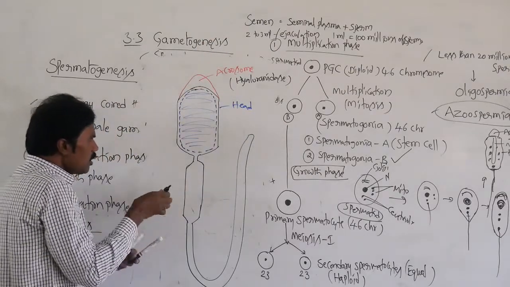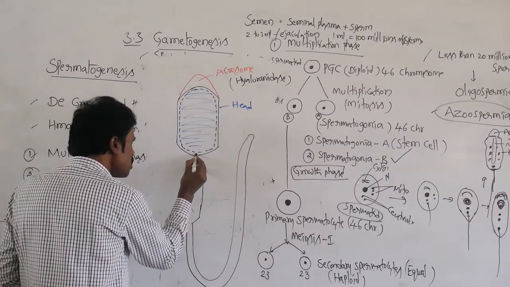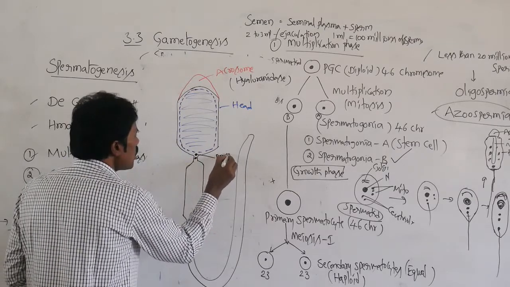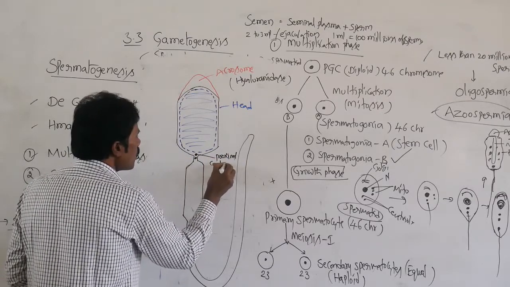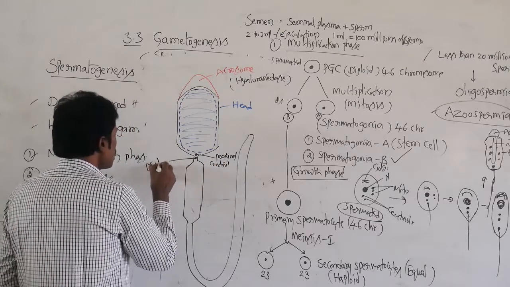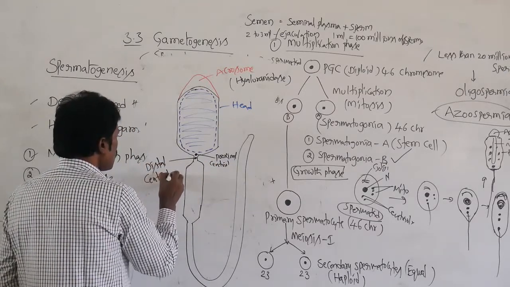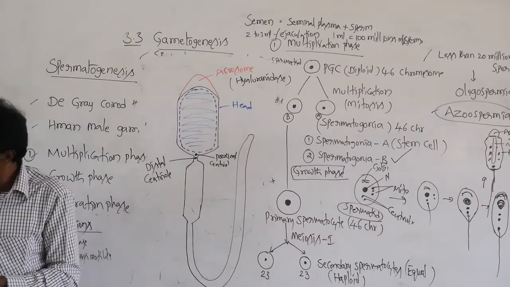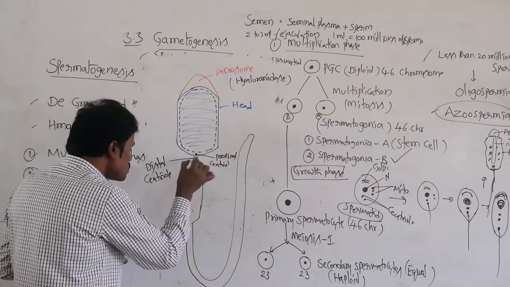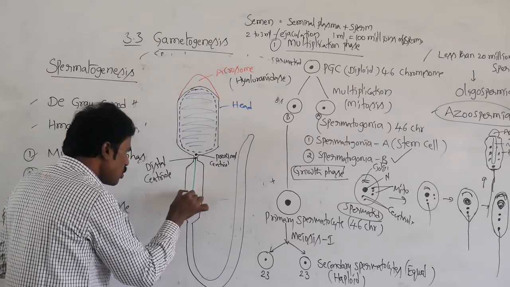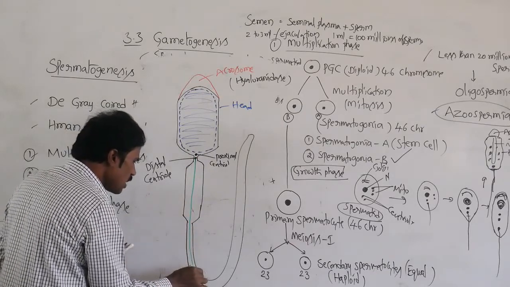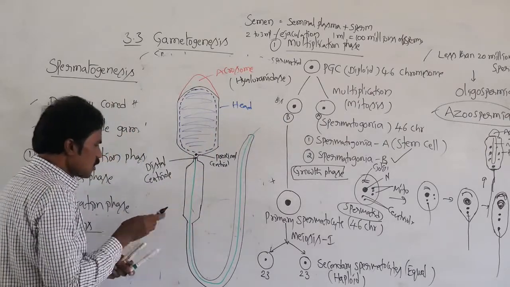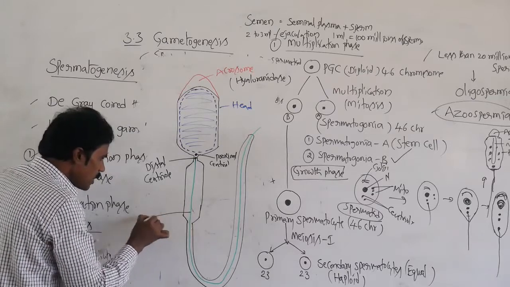In this particular part, this is the proximal centriole and this is the distal centriole. Another very important point: the distal centriole continues as the axoneme.